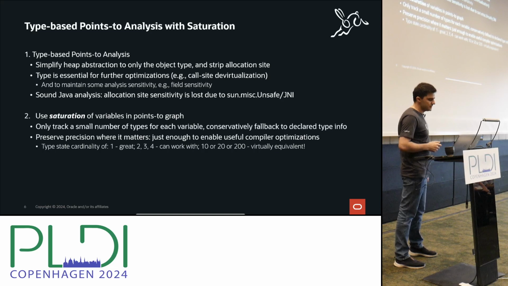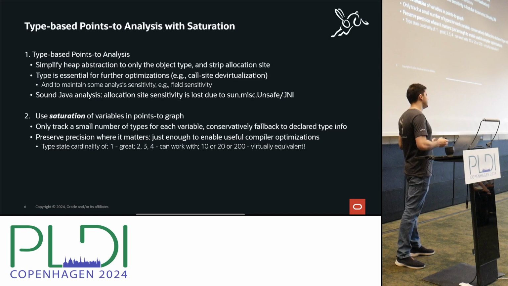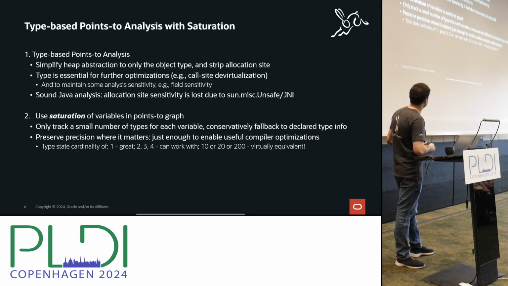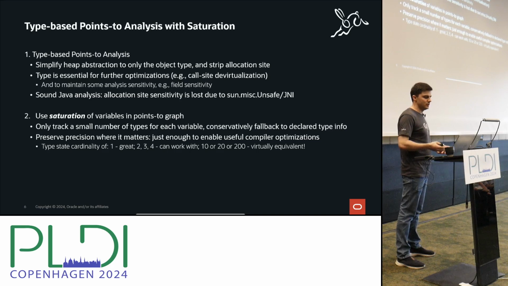And the second step is using this idea of saturation for the variables in the points-to graph. The insight here is that if the compiler cannot use an analysis result to drive further optimizations, then the time spent proving that result is not really well spent, right? In our case, we just want to preserve precision where it matters, just enough to enable these optimizations.